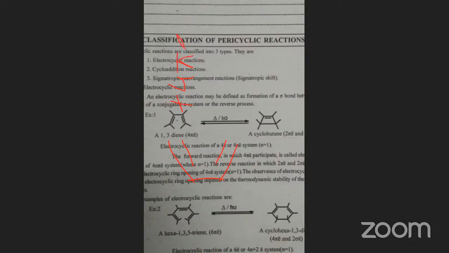So that's why it obeys the 4n pi electron system, because if n is equal to 1, then 4 into 1 is equal to 4. Due to the 4n pi electron system only, it undergoes the electrocyclic reaction.